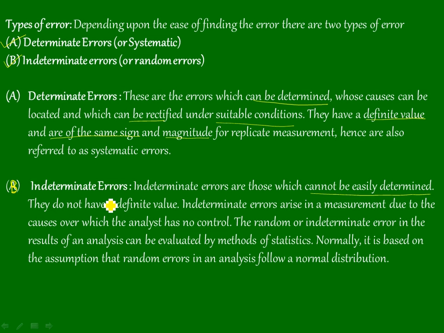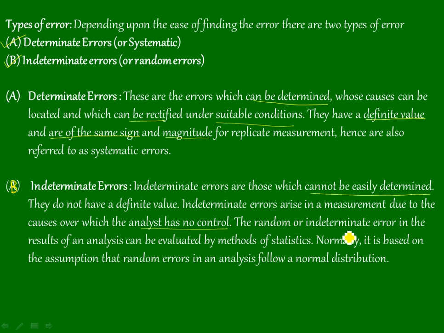They do not have a definite value. Indeterminate errors arise in a measurement due to causes over which the analyst has no control. Most of the time the analyst has no control over the causes of indeterminate errors.